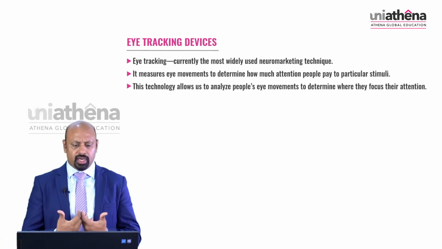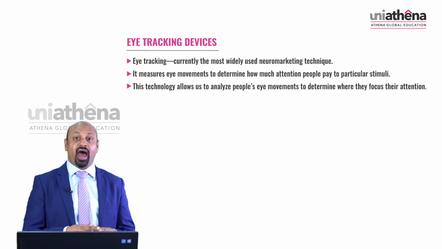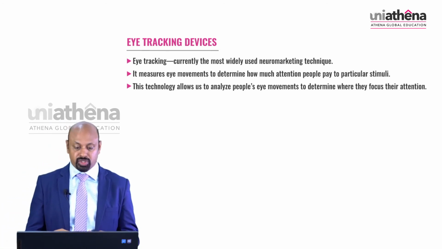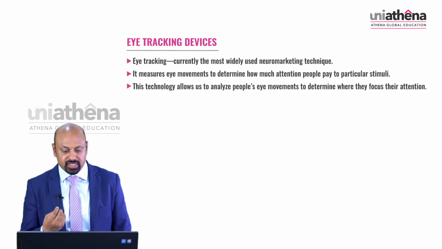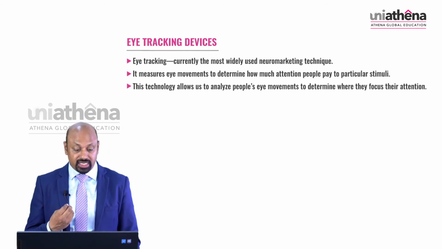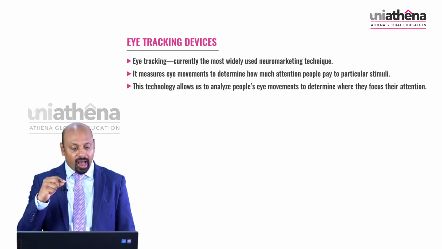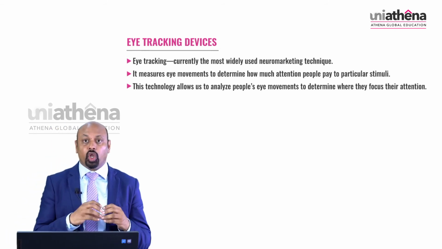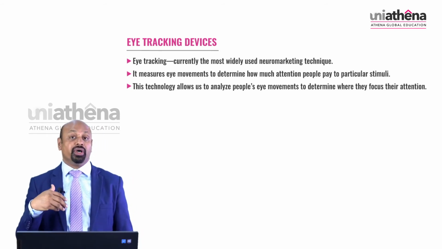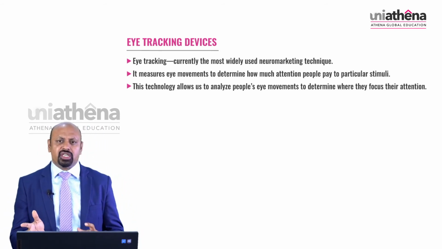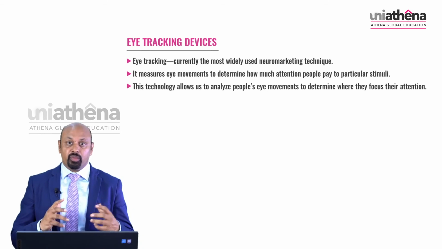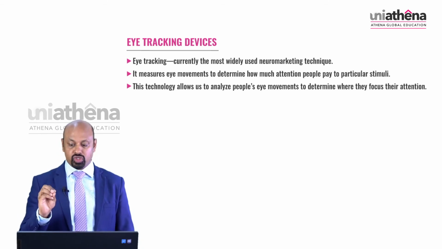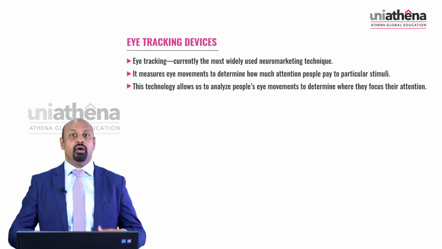The other equipment or device that is used is the eye tracking device, which is quite common amongst many companies today. The eye tracking device is one of the neuromarketing techniques used to measure eye movements to determine how much attention consumers pay towards a particular stimulus. This technology allows us to analyze people's eye movements to determine where they focus much of their attention most of the time.